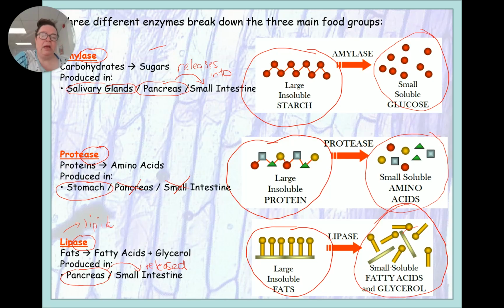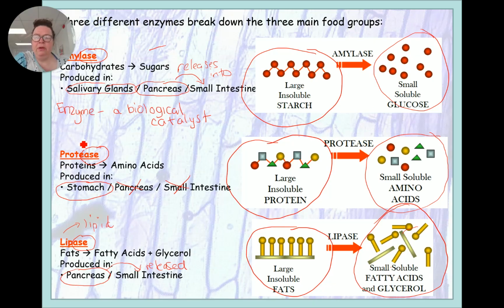And if you need a definition of an enzyme, I'm going to pop it here. So enzyme is a biological catalyst. So you probably know that a catalyst speeds up a reaction. Well, that's exactly what an enzyme is doing, it's speeding up these large molecules turning into small molecules.